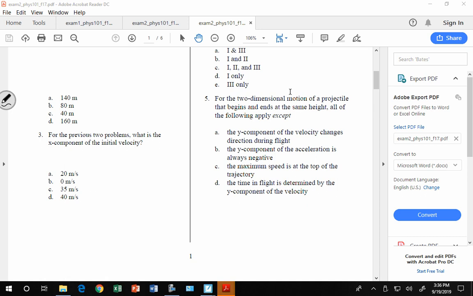The maximum speed is at the top of the trajectory? No, because you're missing the y component completely. The maximum speed is either at the bottom, right before it leaves, or right before it hits. The time in flight is determined by the y component of the velocity. That's true. Okay.